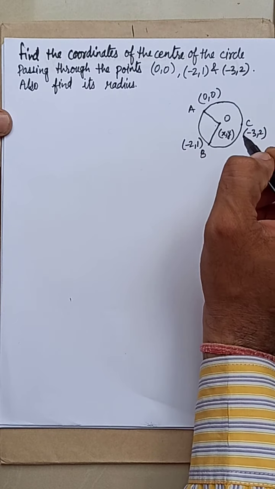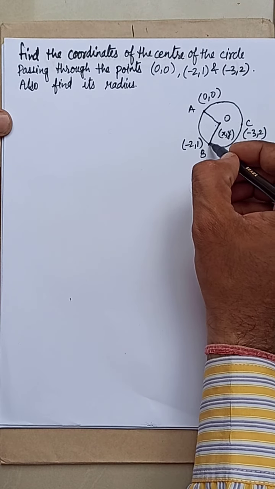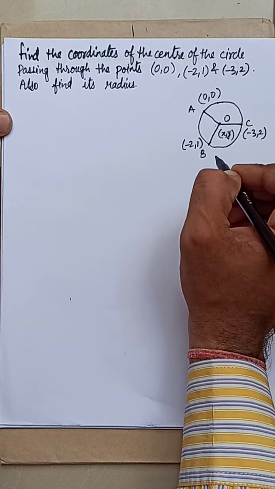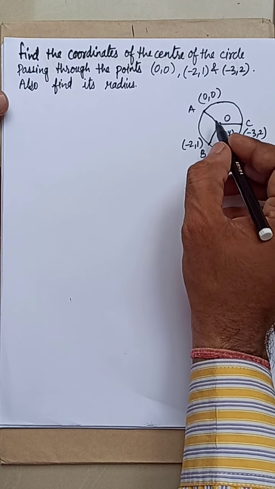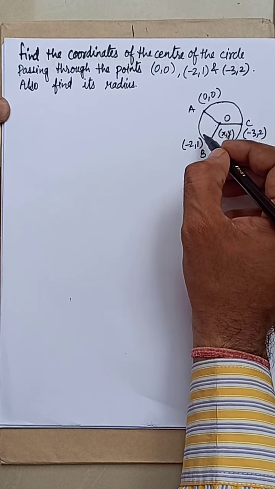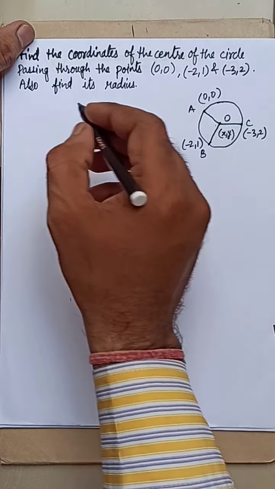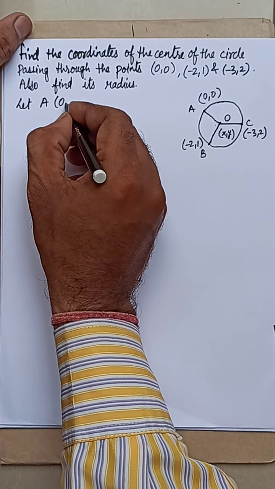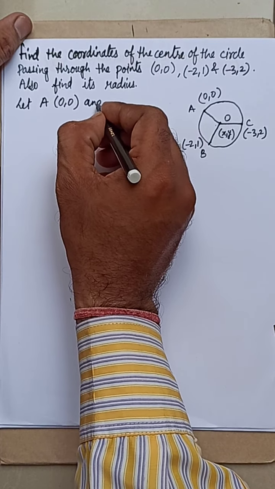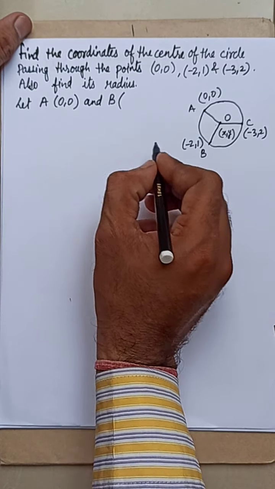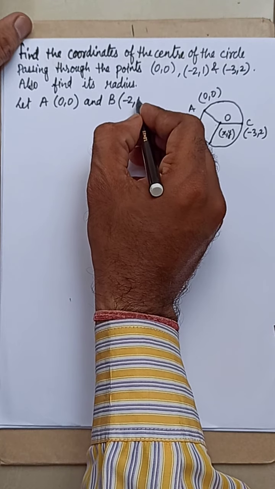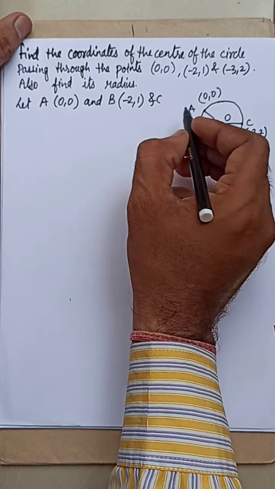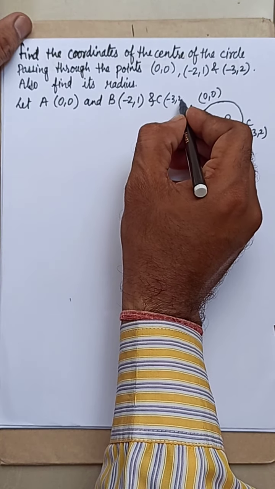Here OA is a radius, OB is also a radius, and OC is also a radius. So these are the three radii of the circle. So let the point A be (0, 0), the point B be (-2, 1) and the point C be (-3, 2).